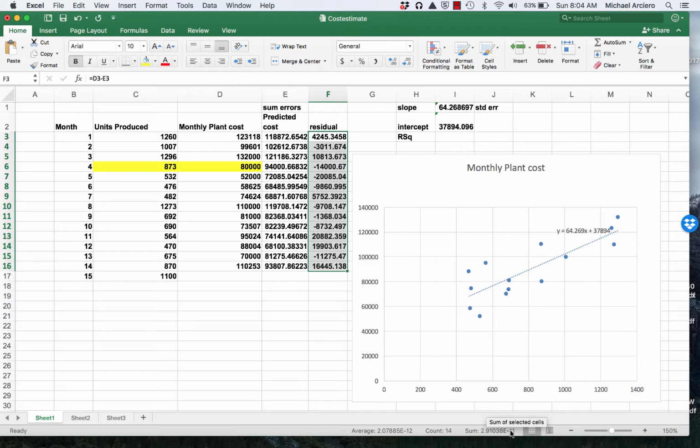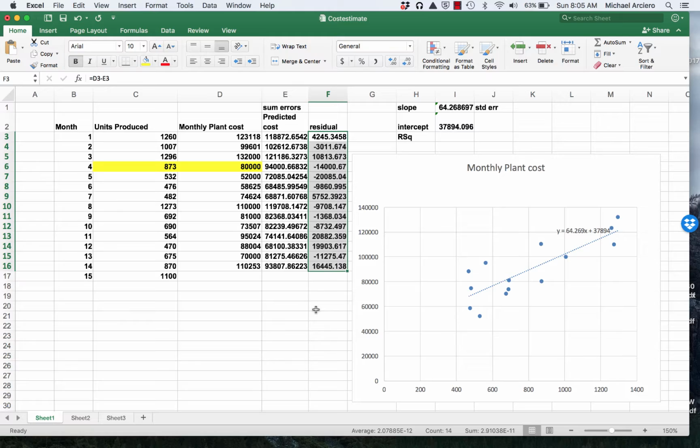It's not indicated exactly 0 because of round off error. But anything times 10 to the minus 11, that is interpreted as 0 for practical purposes. This is always going to be the case. Because this is a best fit line, the sum of the residuals will always be 0.